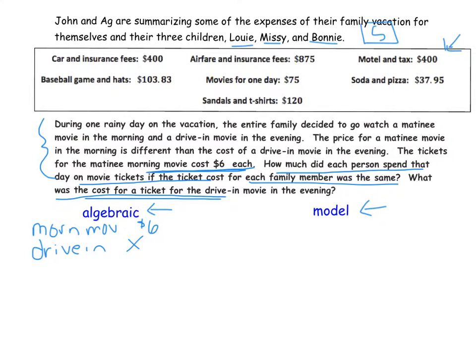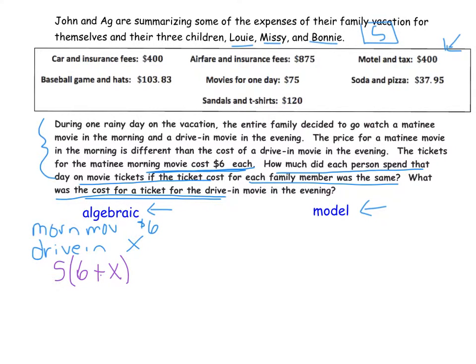Okay? So what does that look like algebraically? We know that we have 5 people in the family, and each one spent $6 in the morning plus X number of dollars in the evening. We don't know how much that is. So 5 people spent 6 plus an unknown amount.